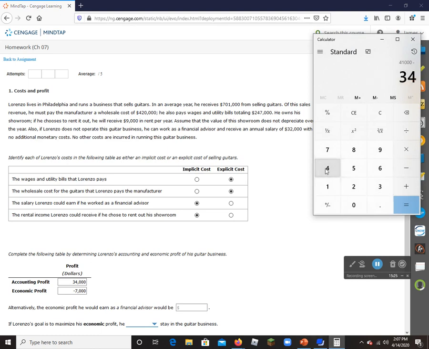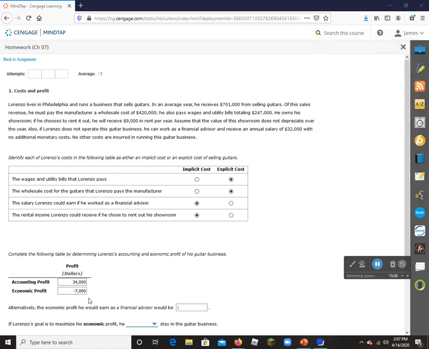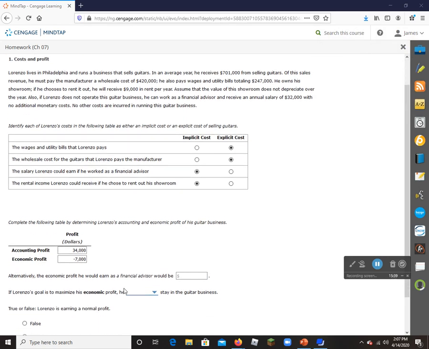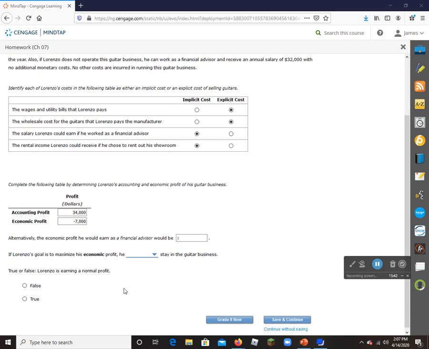By using those resources, his labor and the showroom in his business, he only makes $34,000. He suffers a $7,000 economic loss, and that's why I've got a negative sign here. Okay. Alternatively, the economic profit he would earn as an advisor would be that $7,000.